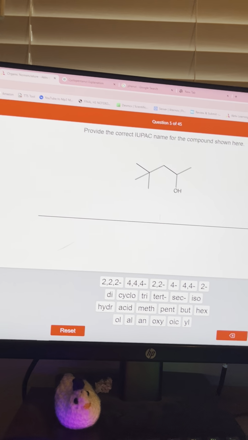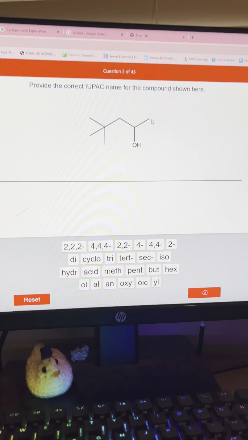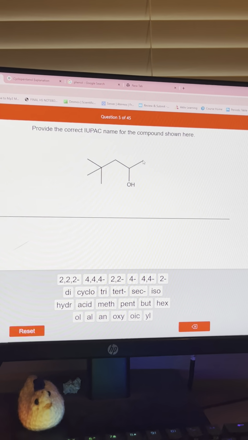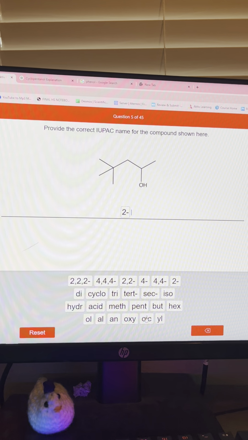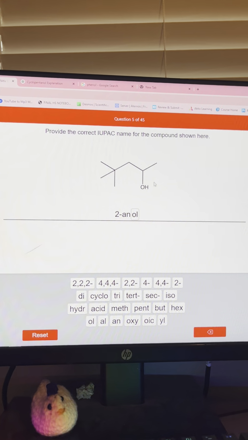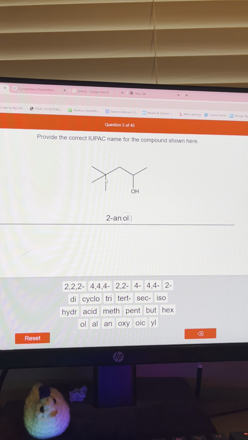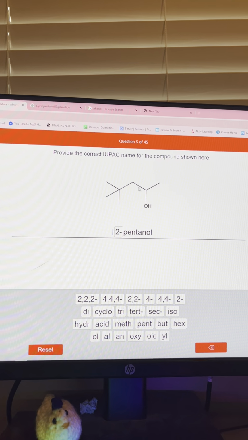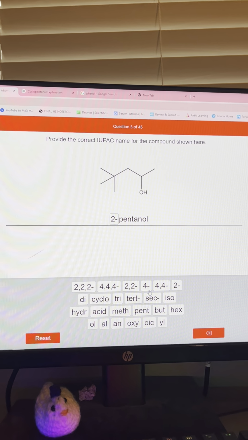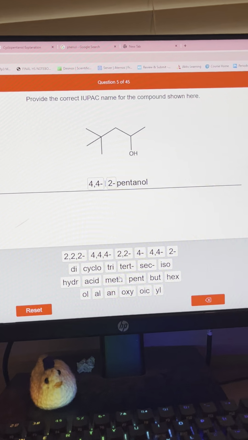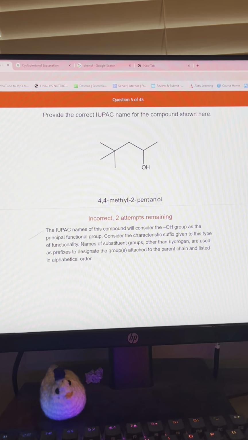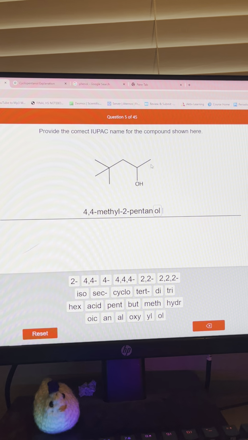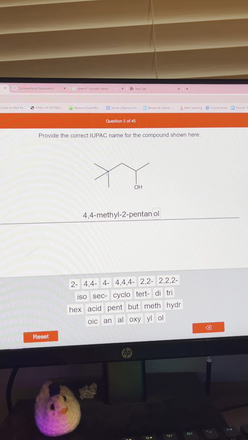Okay, let me keep going. The IUPAC name for this, it's the same thing. So just count. Remember, we're counting closest to where the alcohol is. So start the count from here. So 1, 2. So the alcohol is at 2. So 1, 2, 3, 4, 5. So we have 5. So remember, it's pent. And then we have 2 methyls here, on 4. So put double 4 for both those, and then the methyl, like that. What did I forget here?